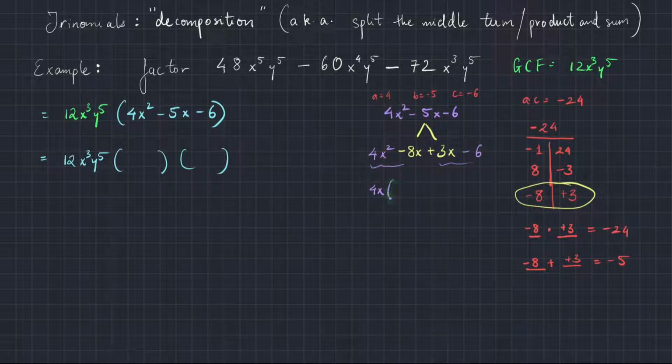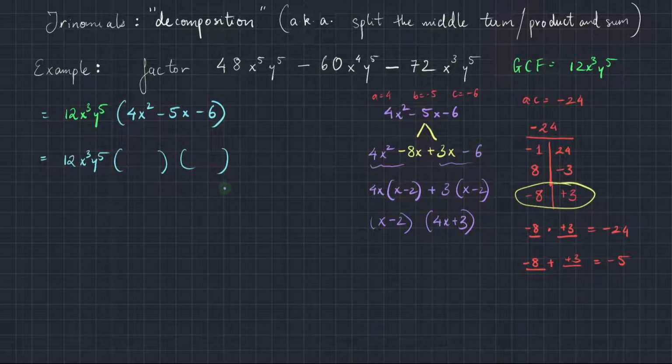When you pull out a 4x, you get x minus 2. The second group has a greatest common factor of 3. The sign has to be the same, x minus 2. And now we have two like terms which both have a common factor of x minus 2, which we can pull out, and we get x minus 2 times 4x plus 3.